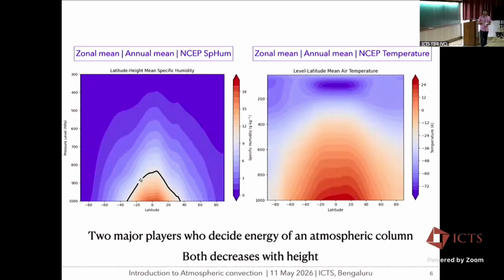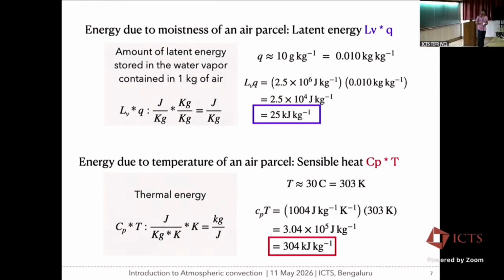When you look at the zonal mean, annual mean specific humidity profile, it is very high in the core tropics, and it decreases fast. We have already seen the same thing for temperature: it decreases, but not as fast as specific humidity.